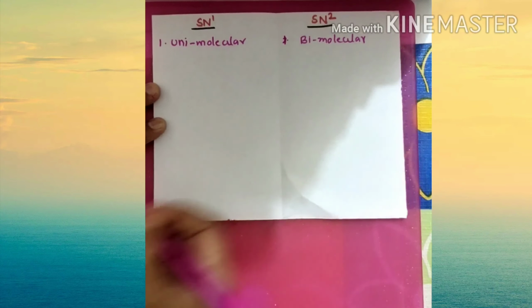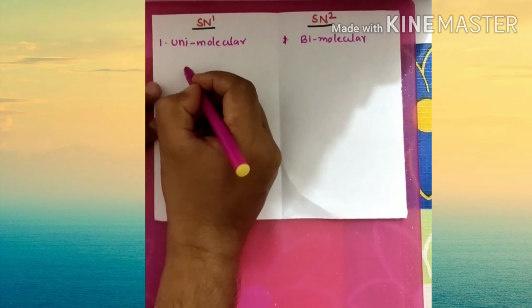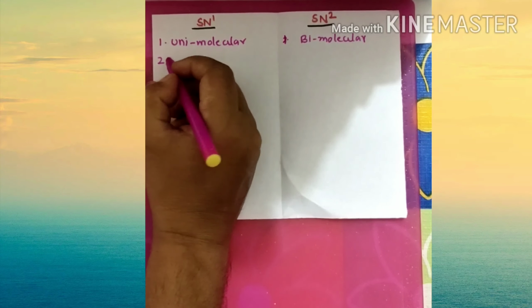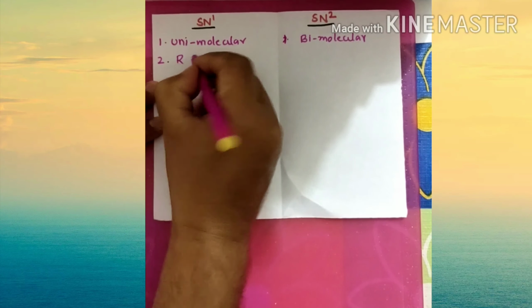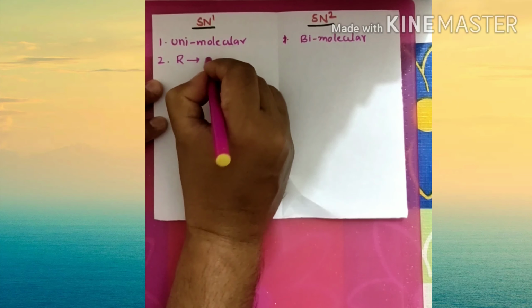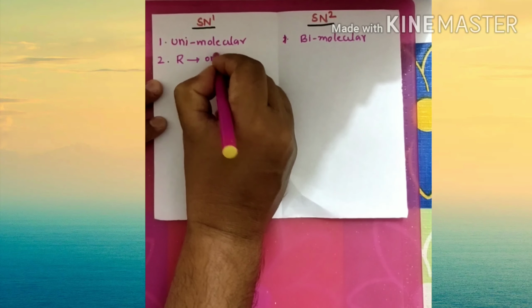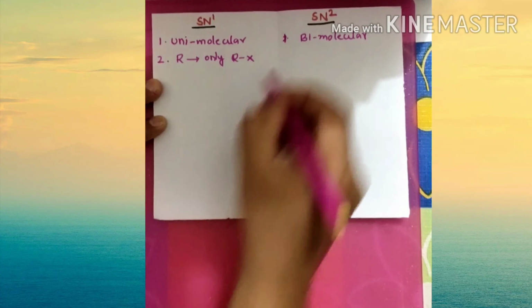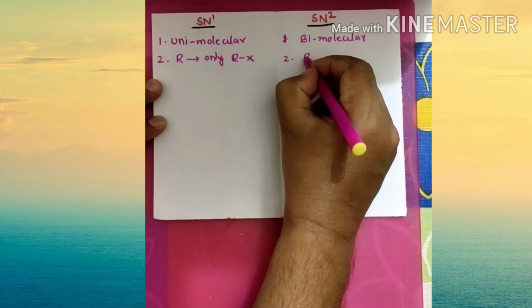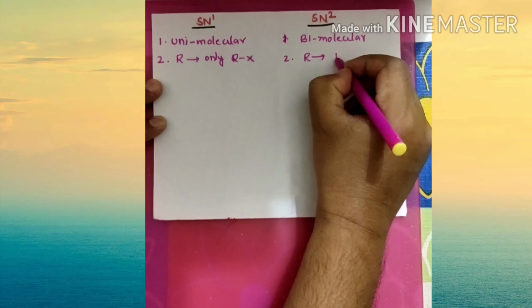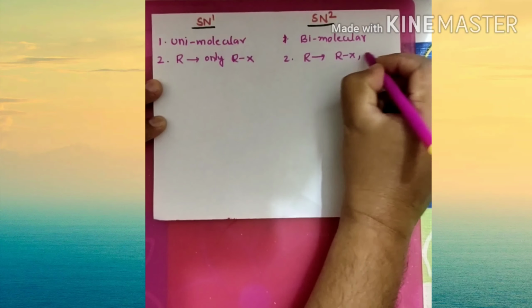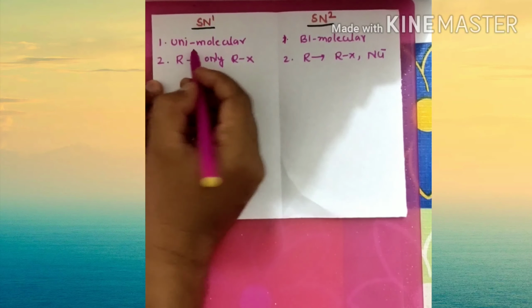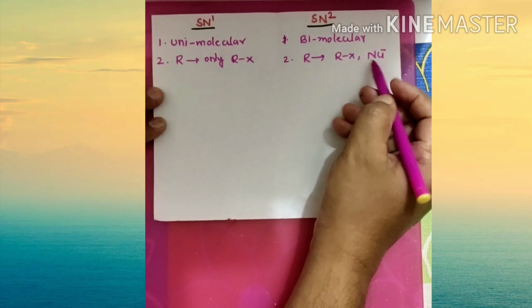Why do we call it unimolecular? The rate depends on only the alkyl halide. Here the rate depends on both the alkyl halide as well as the nucleophile. That's why this is unimolecular and this is bimolecular.